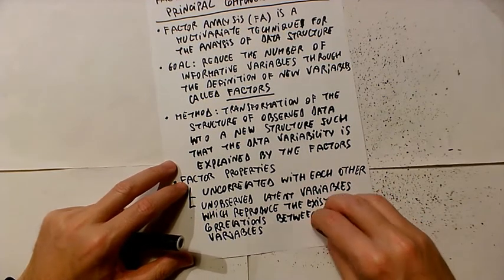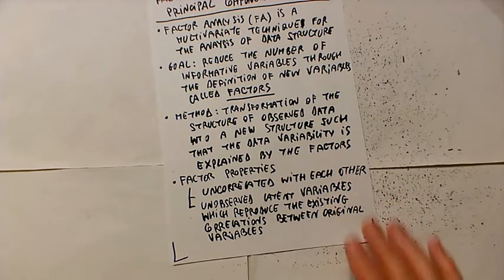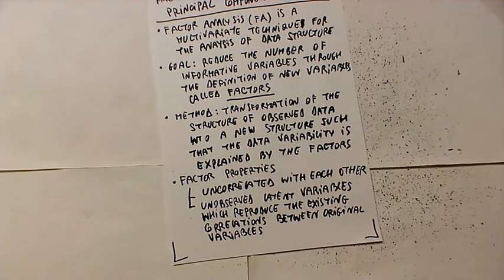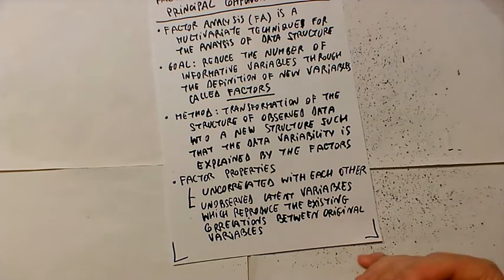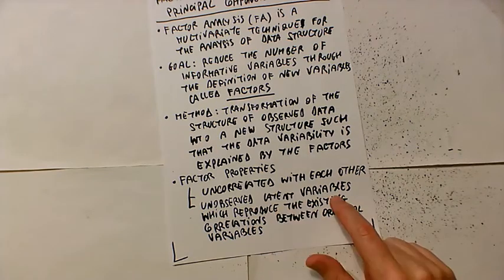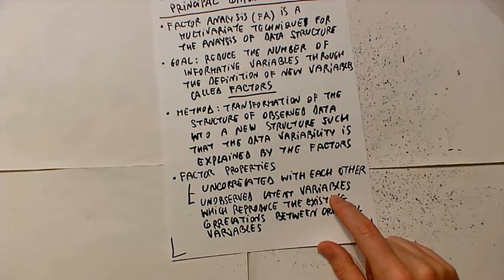how many or which latent variables can be obtained from a data set through the application of factor analysis or principal component analysis. But how many latent variables and which ones is one of the outputs of our method, one of the outputs of factor analysis.